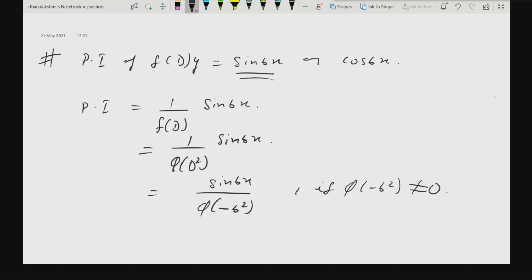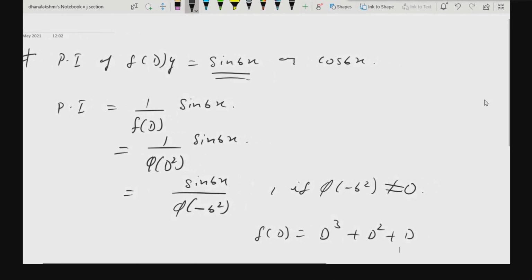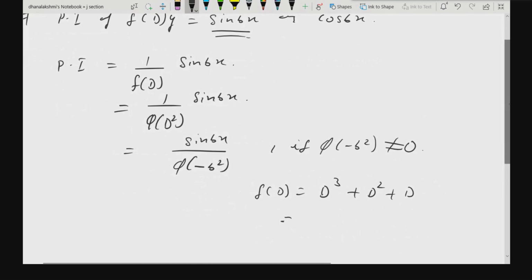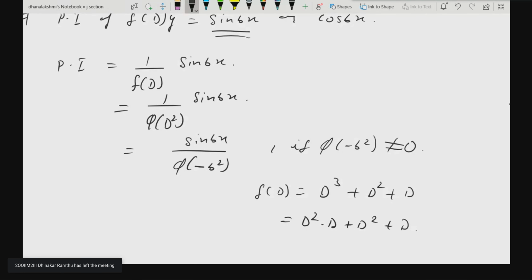Only thing is, it is not instead of D, but wherever you have D square, that needs to be replaced with minus b square. Suppose for example your f of D is something like this, maybe D cube plus D square plus D. Then you can write this D cube as D square into D, plus D square plus D. Can you write it? Now suppose your function is sine 2x.